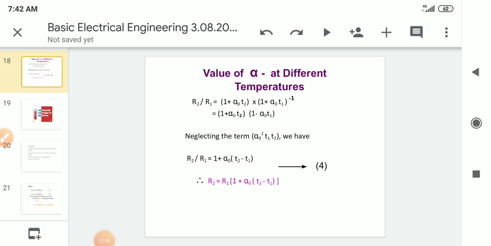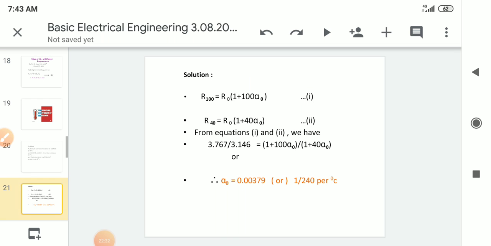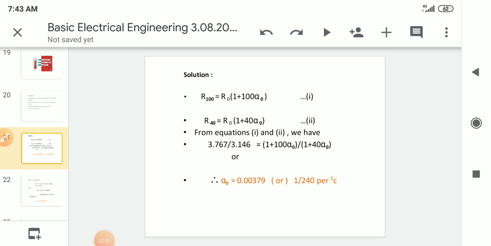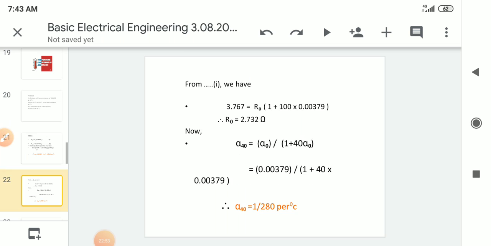By solving this problem, we are getting the equation as: at R100 the equation is this, at R40 the equation is this. We divide these two equations, then we are getting our alpha naught value. So our one bit is over.